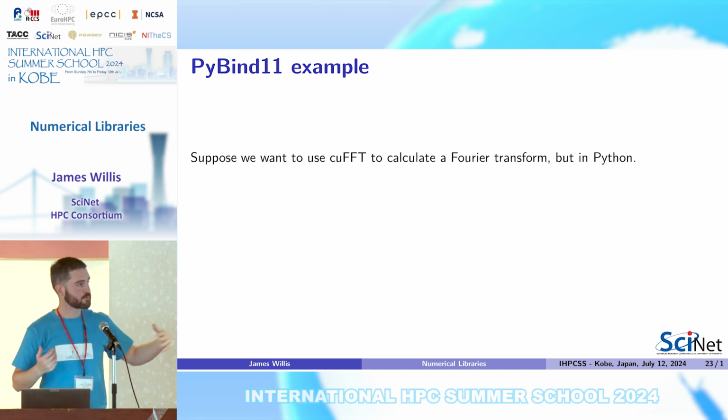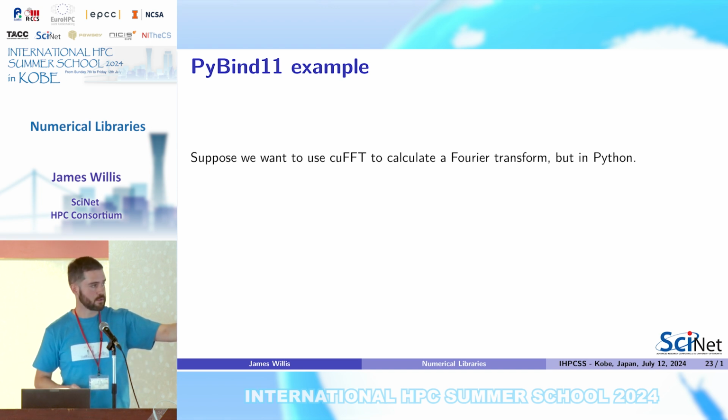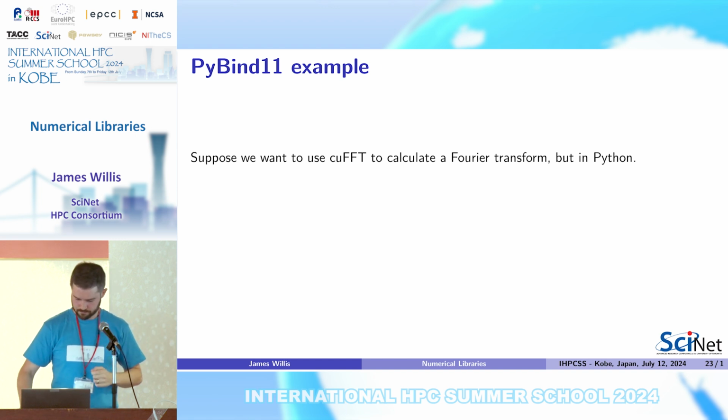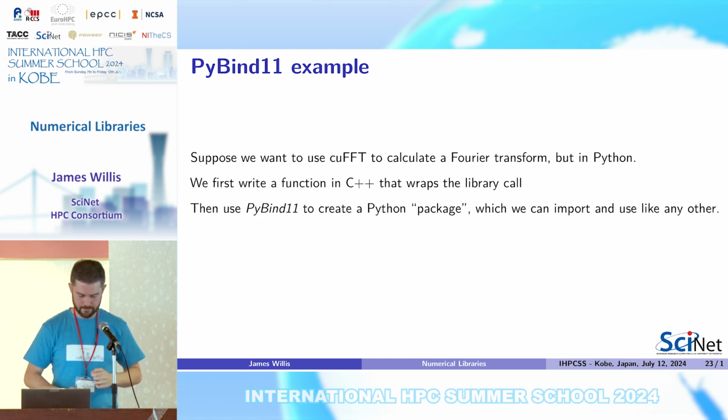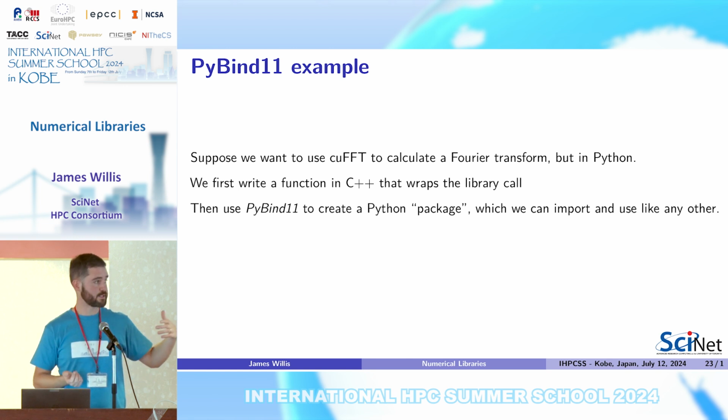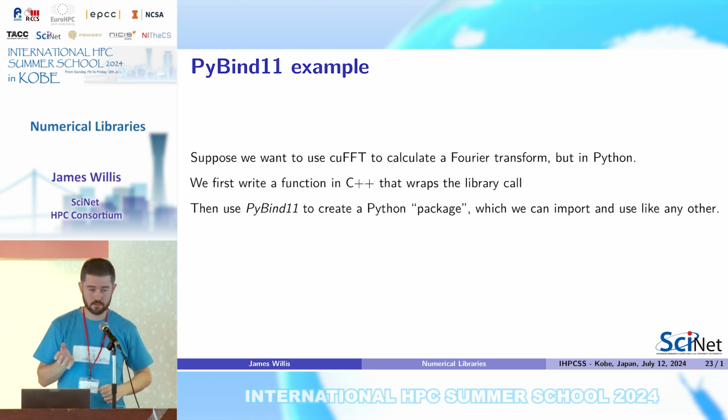As an example, suppose we want to call the CUDA FFT library, which you can use to calculate a Fourier transform, but do it in Python. What we first want to do is write a function in C++ that wraps the library call, and then use PyBind to create a Python package, and then you import that in your Python script to call it.